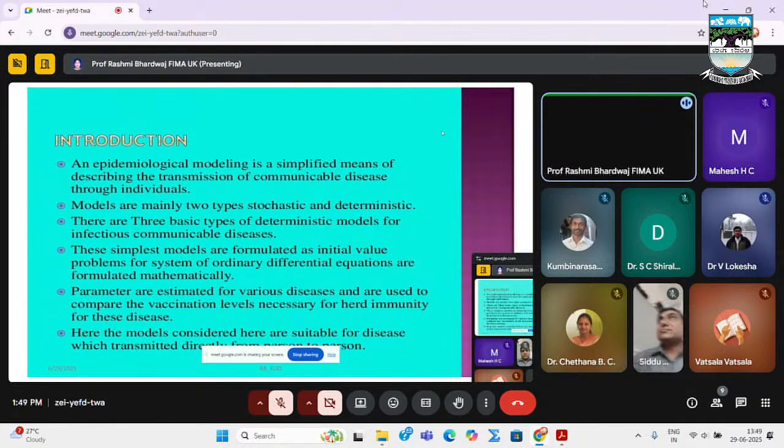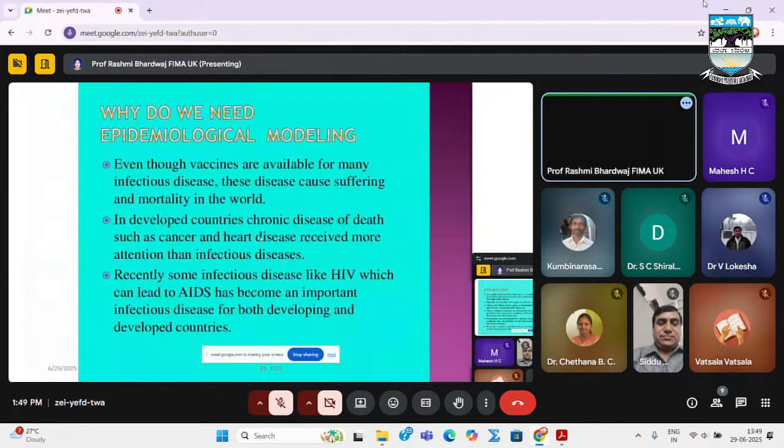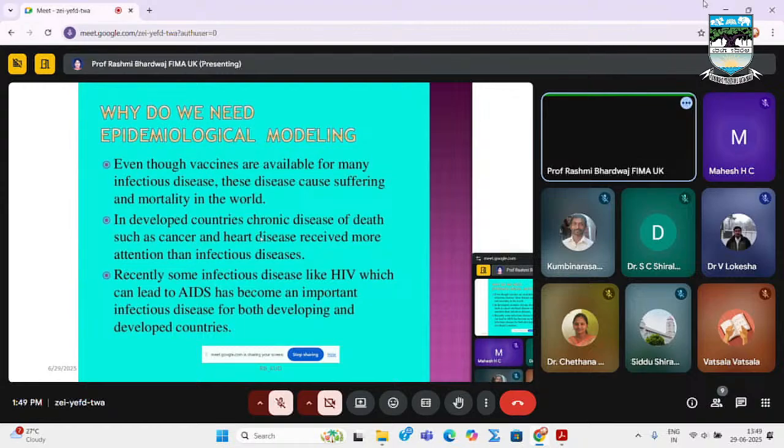Now what is epidemiological modeling? Basically, any model is a simplified means of describing the transmission of a disease. There are different types of models, and the most important thing is how to formulate the equations and the parameters which we have to estimate. So why do we need epidemiological modeling?